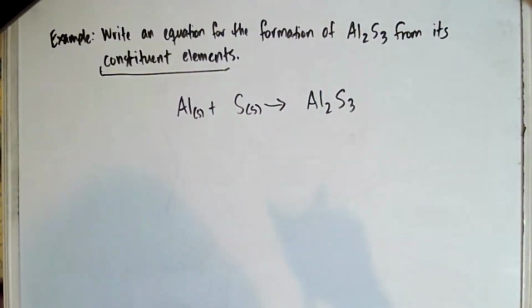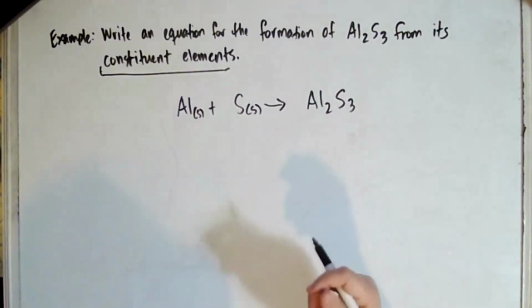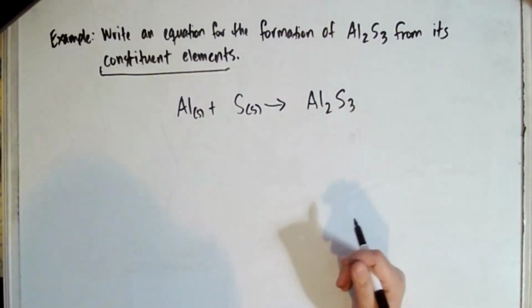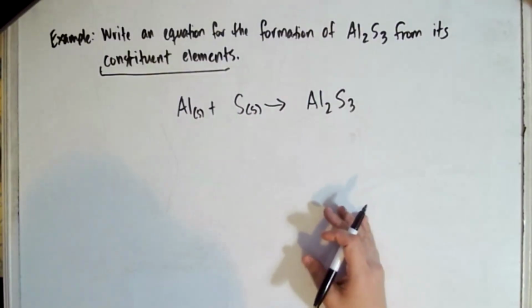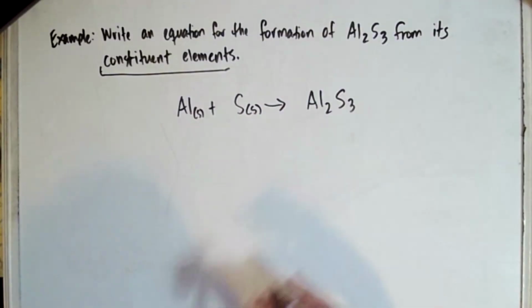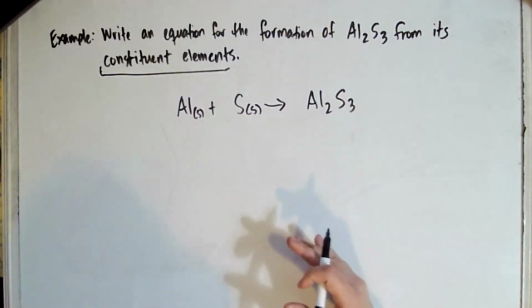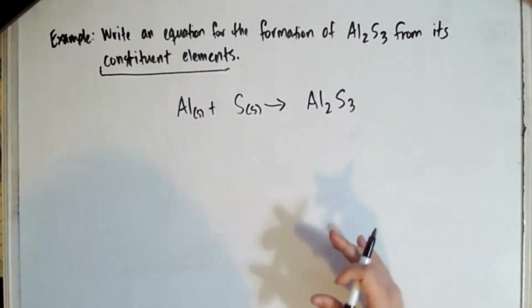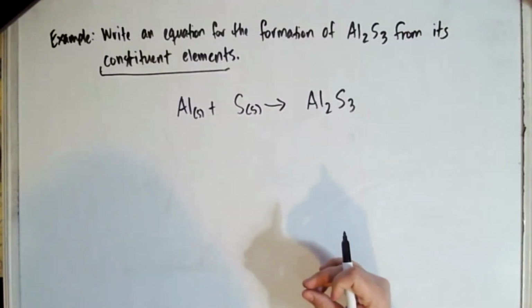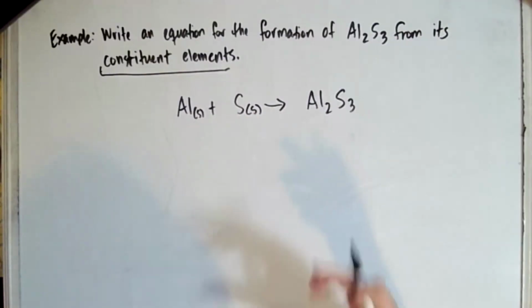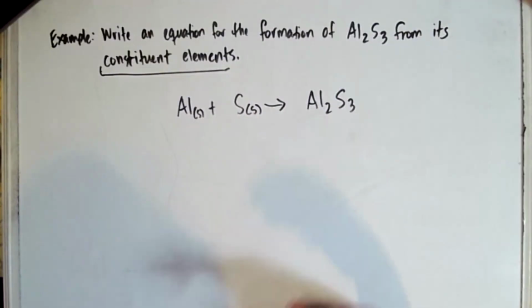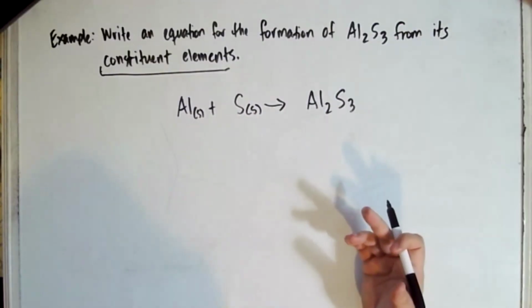We know that our aluminum and our sulfur are likely going to be solids here. If they don't tell you the physical state in the question and you're just trying to balance the reaction, it's okay to leave that information out sometimes. If it's an important part of the reaction, then it's usually described within the reaction itself.